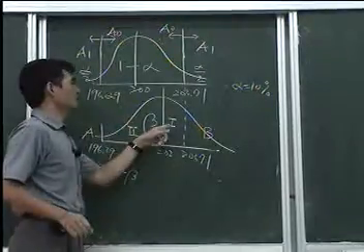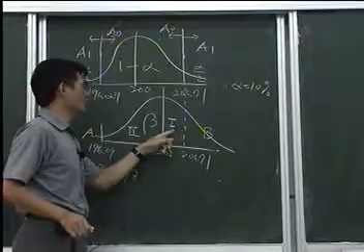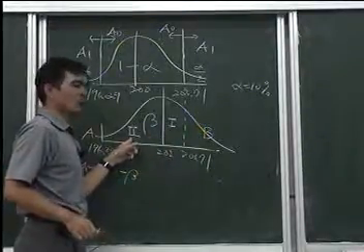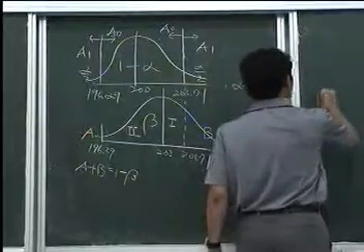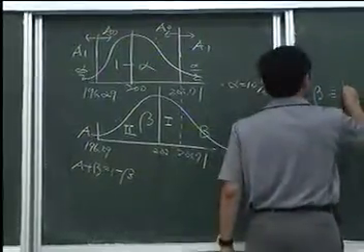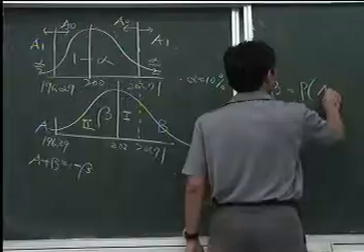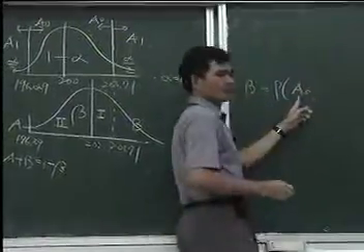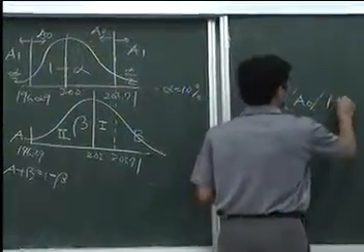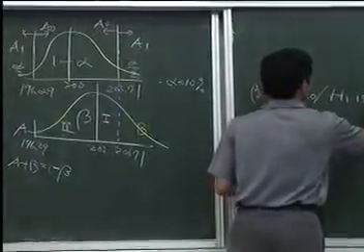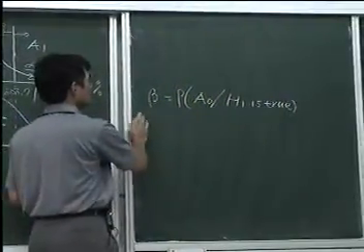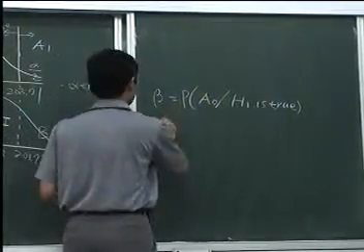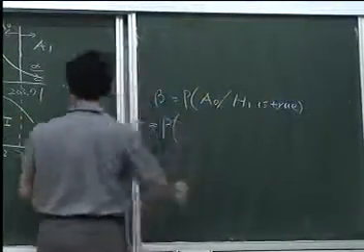So if you can figure out the probability of 1 and probability of 2, then you get beta, right? So beta is the probability that you take action A0, but H1 is true, right? And this probability is equal to P, okay?